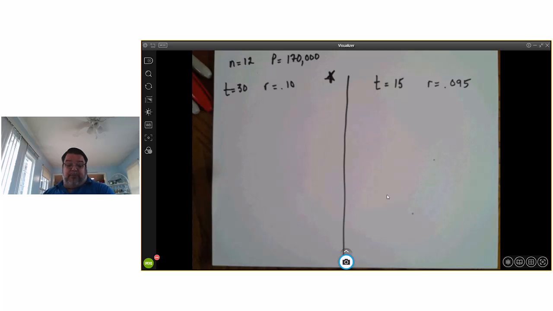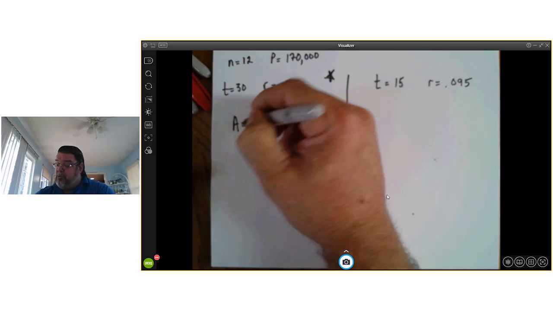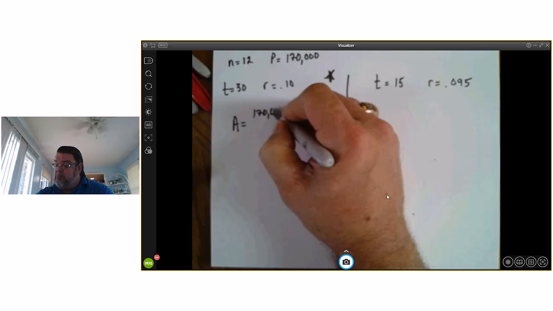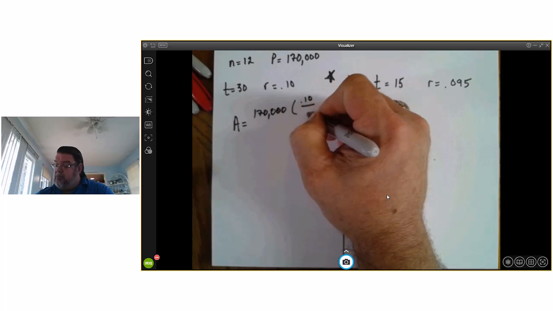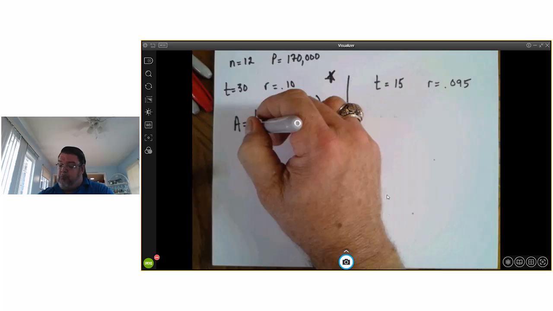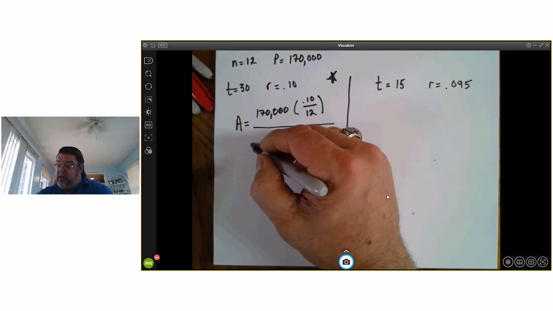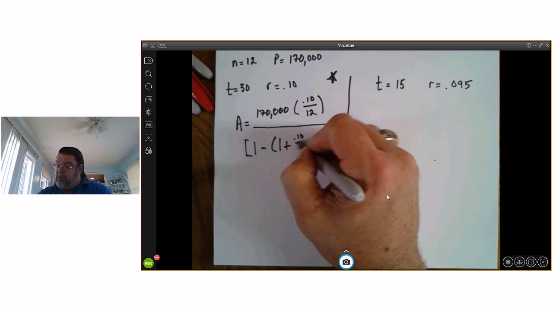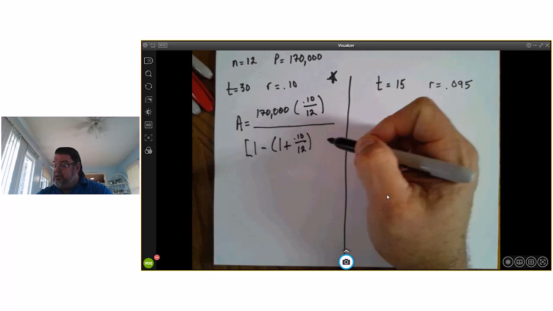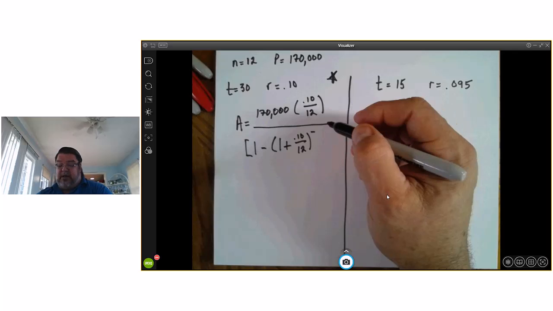All right. So anyway, this is going to be A is equal to 170,000 times R over N over, and this is the only time I'm going to plug it in, because after this I'm going to do everything on the calculator. 1 minus parentheses 1 plus 0.10 over 12 raised, and let's go ahead and do the math in our head. 30 times 12 is 360, right?